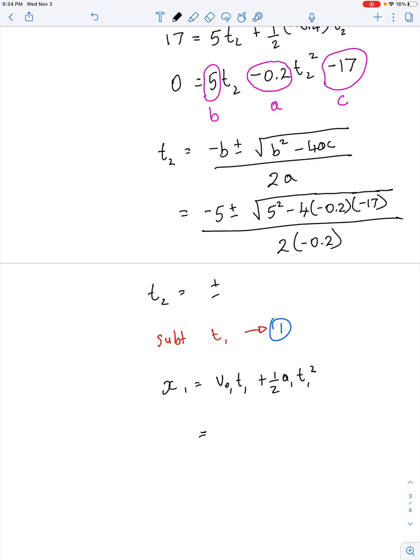And then you could rearrange for a1. So a1 is going to be equal to x1 minus v01 t1, all over, so that's going to be 2 over t1 squared. So that's the compacted version.